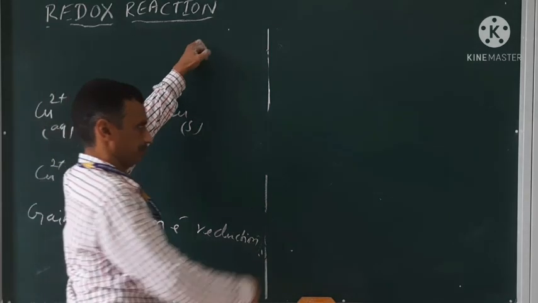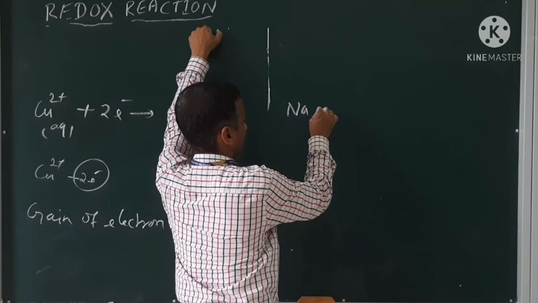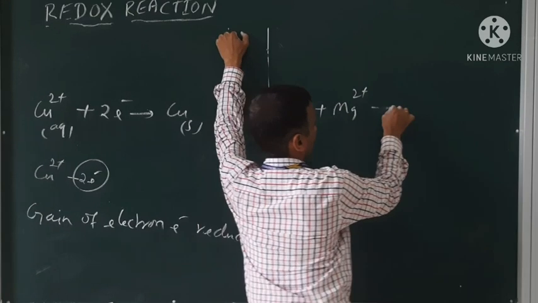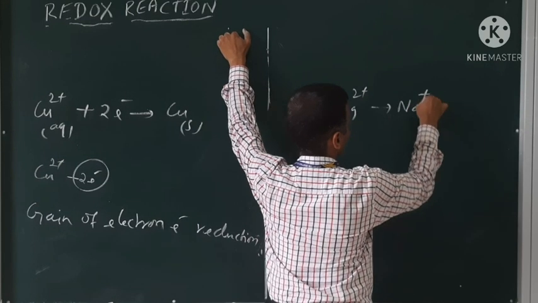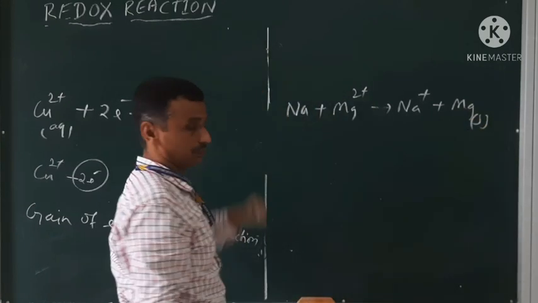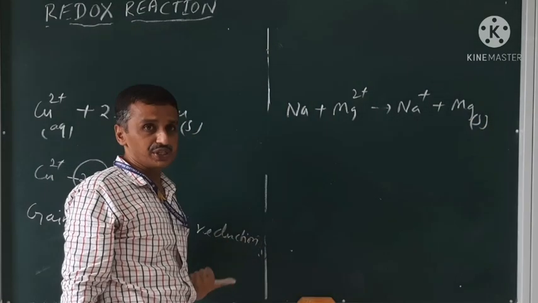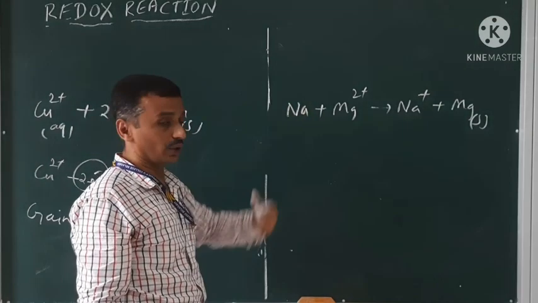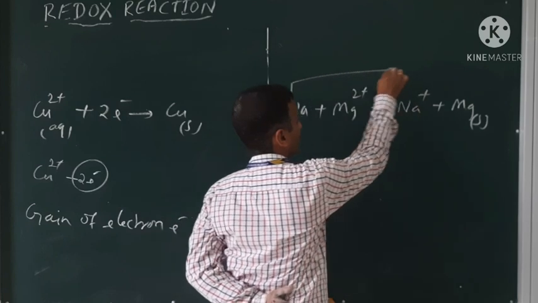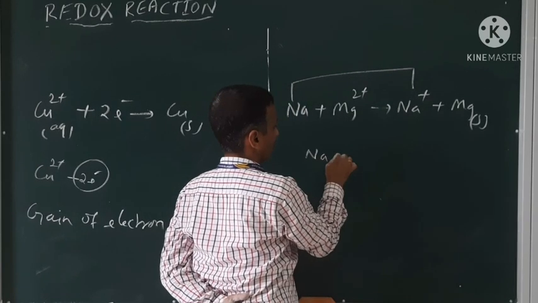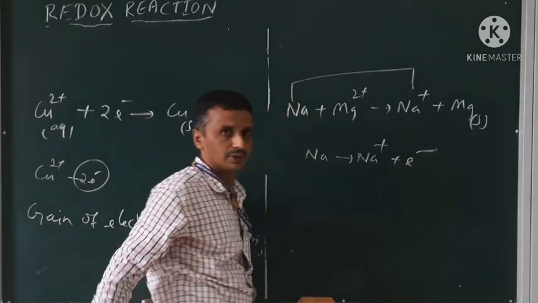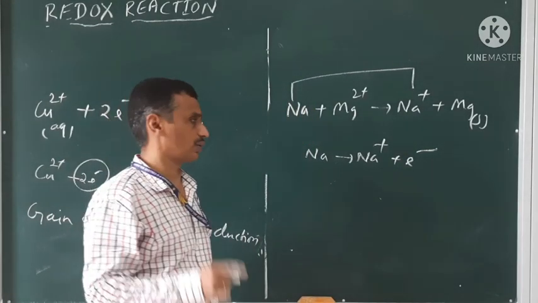Now see your example. Na plus Mg2 plus giving Na plus Mg solid. Identify which is undergoing oxidation and which is undergoing reduction. Na to Na plus: Na gives Na plus and an electron, because sodium can give only 1 electron.